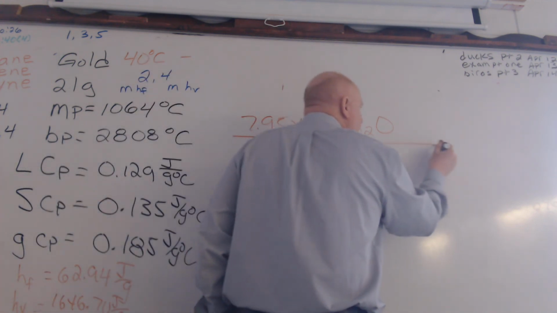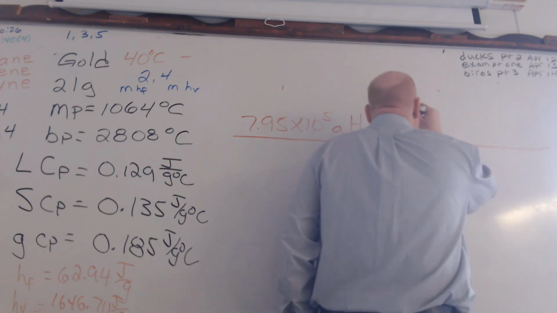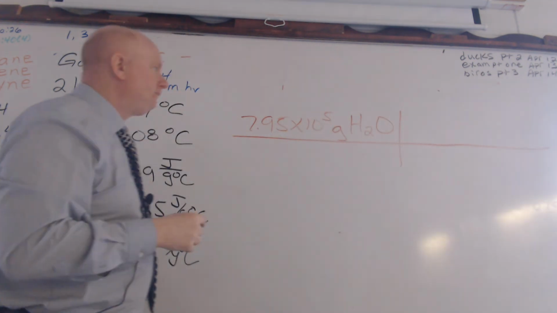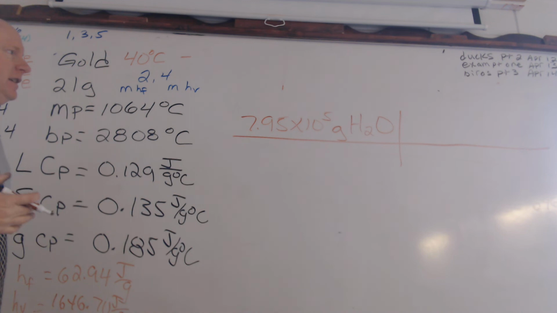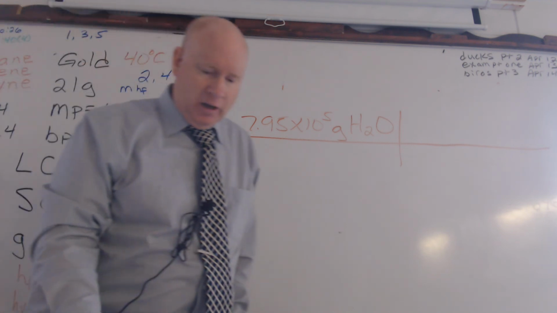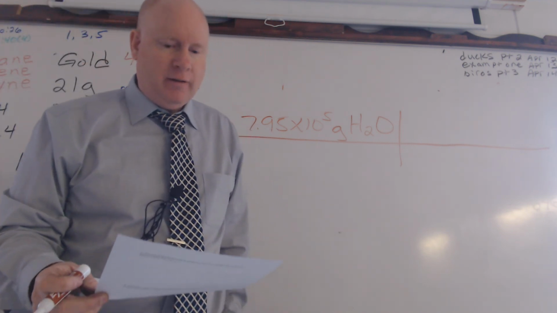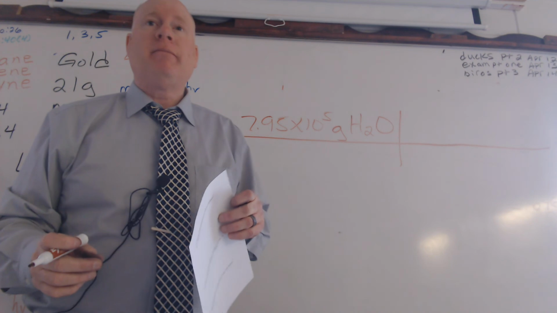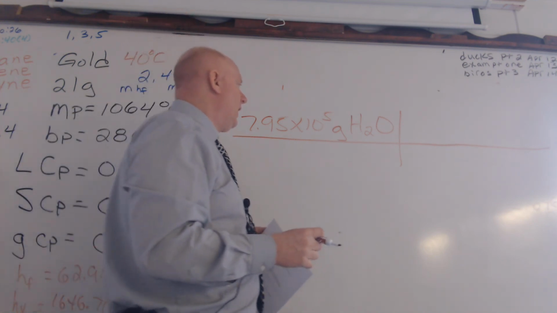So notice we've got that gram in there. So we're going to have to get rid of that somehow. But again, this is a known substance. So therefore, if we want to get rid of that gram, yeah, we're going to use that.